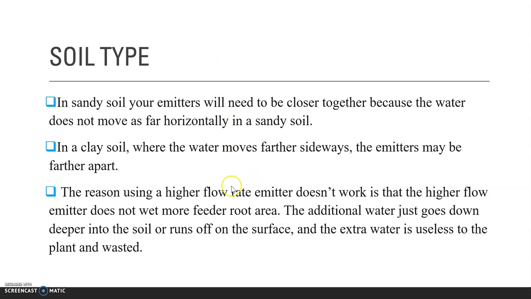In clay soil, the infiltration rate is very low, so the horizontal movement of water is very high. In clay soil, the water moves farther sideways, so the emitters may be farther apart. In clay soil, we need to space the emitters.